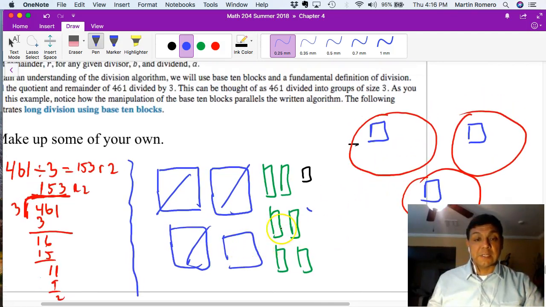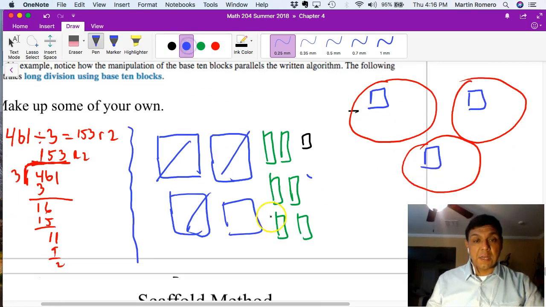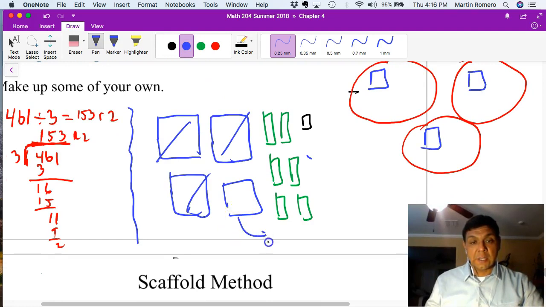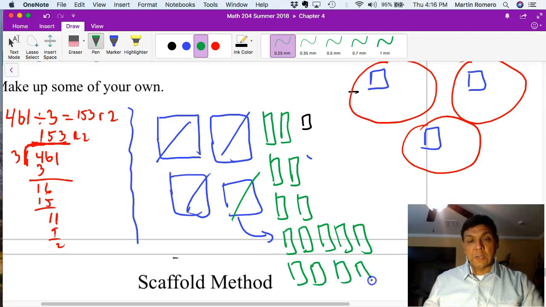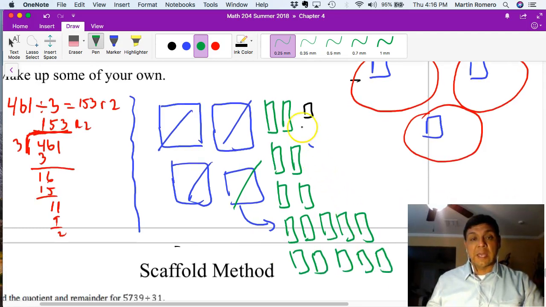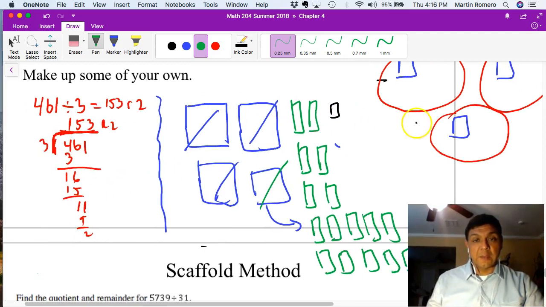So this 100 becomes 10 tens. That disappears, and I end up with 10 tens. So you end up regrouping. Now you're saying, how many tens do I have?